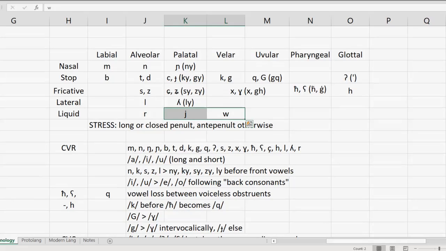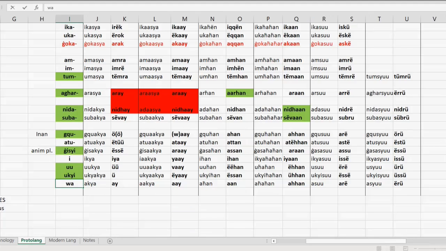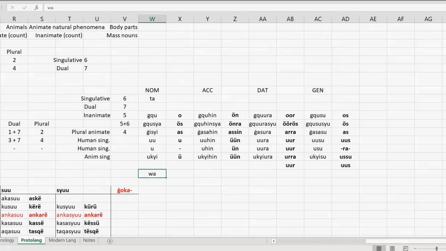So if we stick with that, and if we made it wa, now we have some nice, consistent initial V's. That was easy, and I quite like all of those. And if we try that up here, all that W is going to do is just combine into a diphthong or result in a front-rounded vowel, depending, of course, on what vowel comes before it.